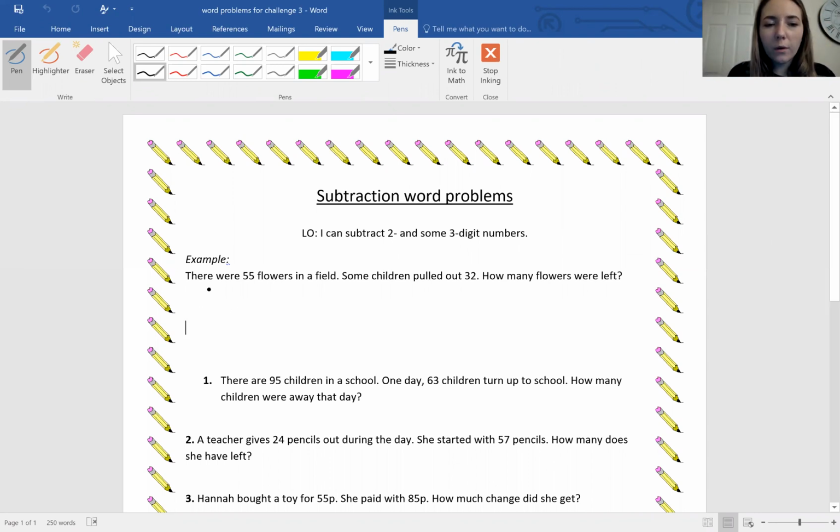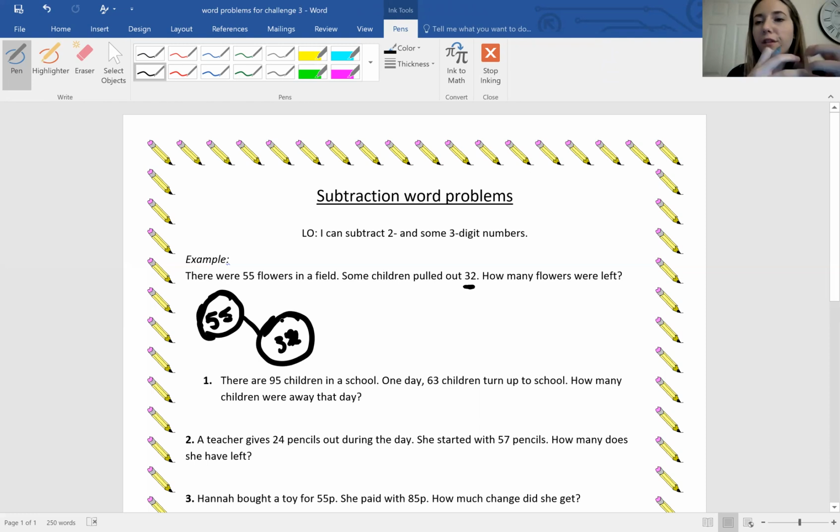So what number did we start with? And it's not always the number at the beginning, so we need to think it through. How many flowers were there to start with? Well done, it was 55. So I can write in here 55. And part of that number is 32 because 32 flowers were pulled out. So that means that 32 is part of the number 55.